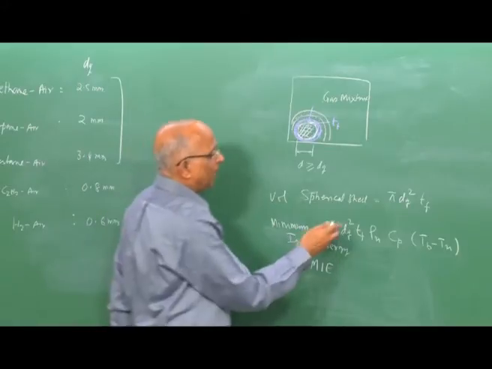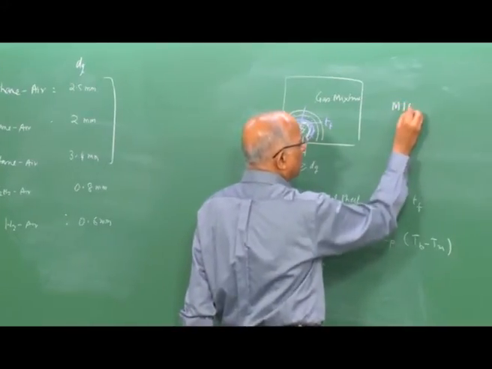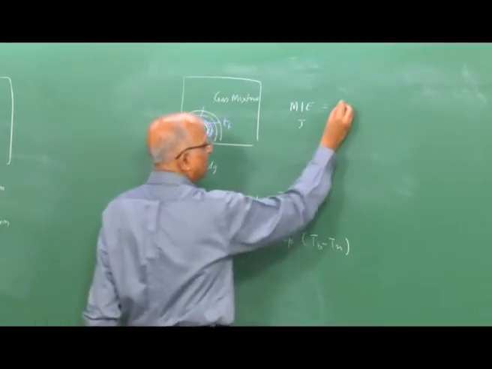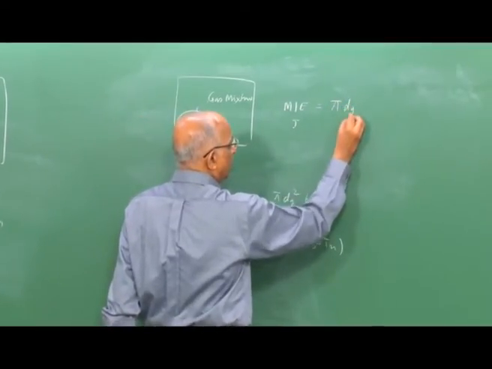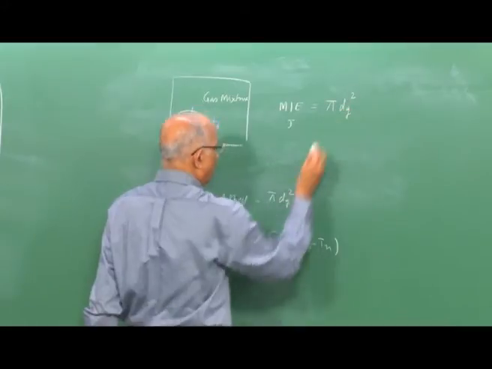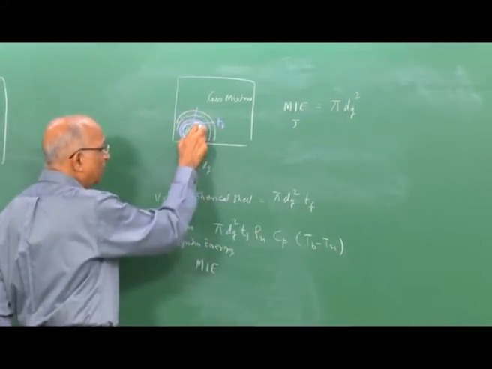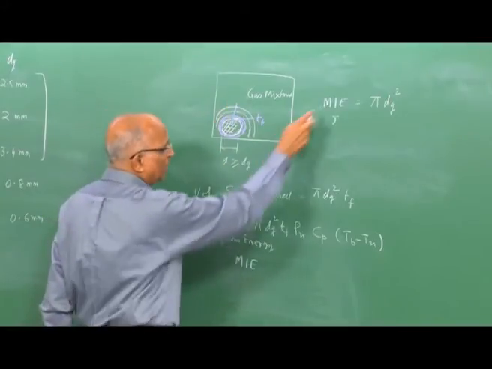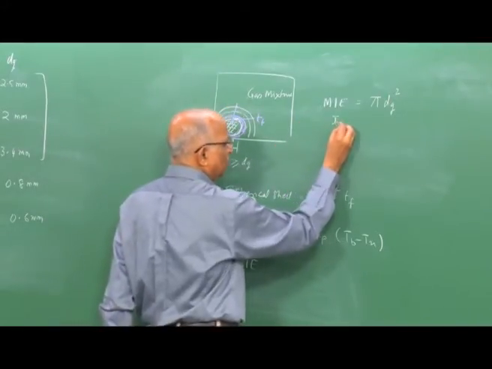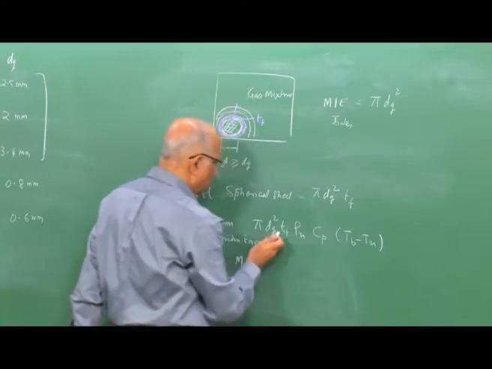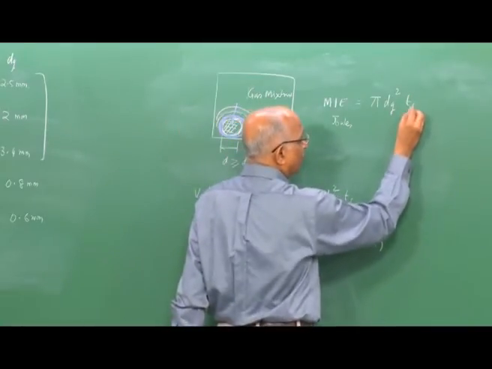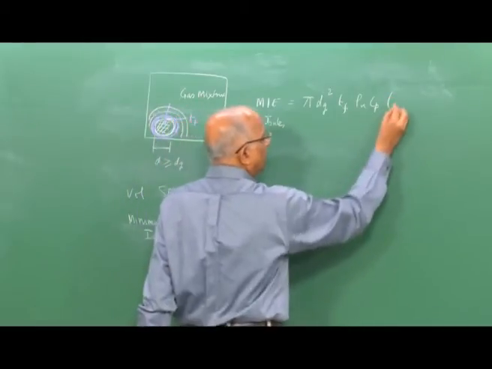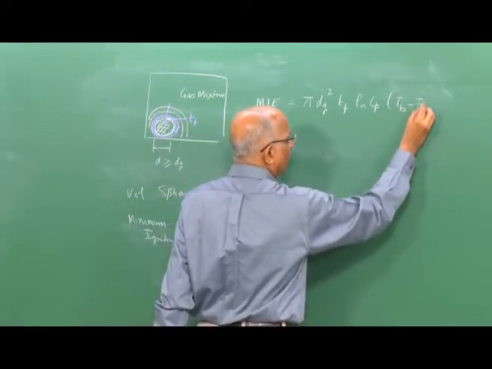Therefore, we write the expression: the minimum ignition energy, let us say in joules, is equal to pi dq square. Why is it minimum? Because I am considering the minimum thickness. Any diameter greater than this is going to ignite. Therefore, the minimum ignition energy in joules is pi dq square into Tf into rho u into Cp into Tb minus Tu.